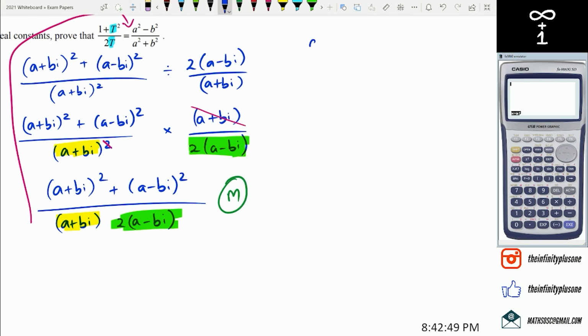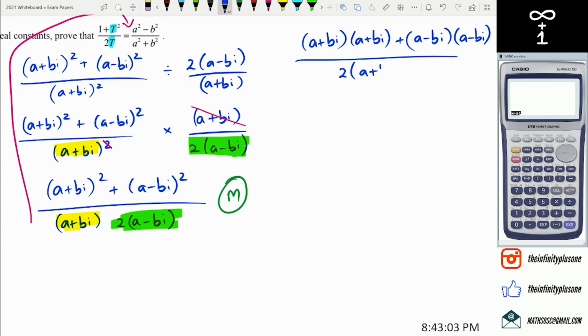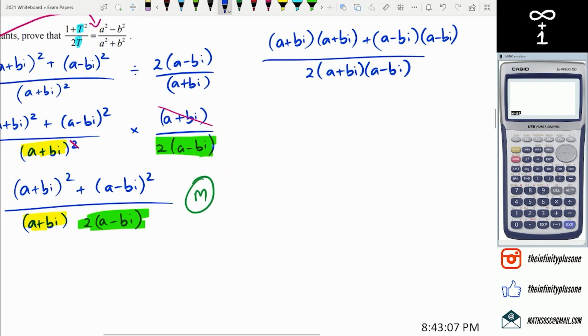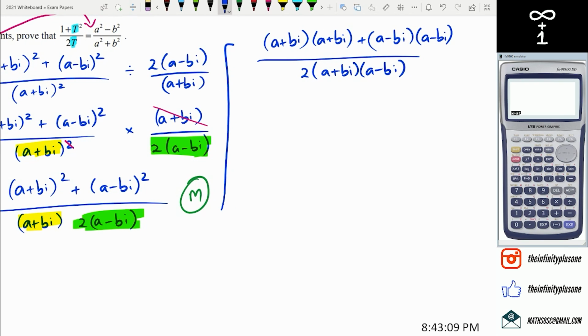So here I've got (a plus bi) squared. So that's going to look like this, plus (a minus bi) times (a minus bi), and the whole thing is divided by 2 times (a plus bi) and (a minus bi). Because what you're going to notice now is things are going to start disappearing very quickly. We've got to expand the quadratic in the top.